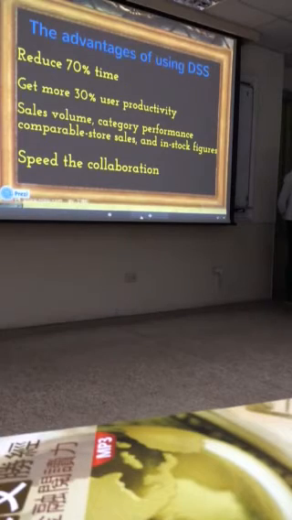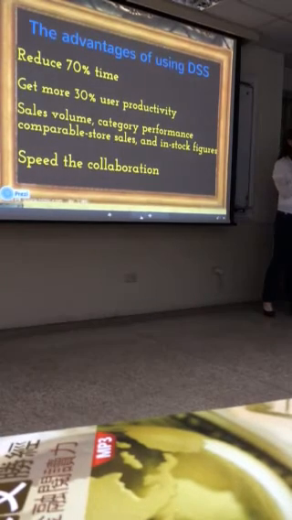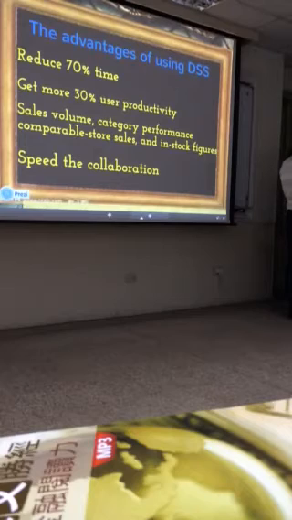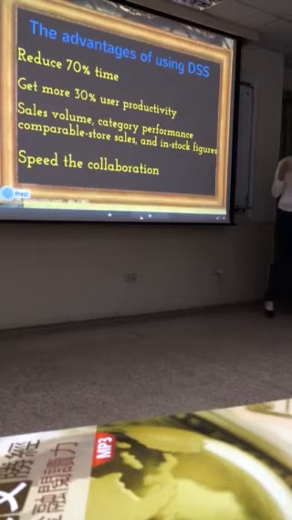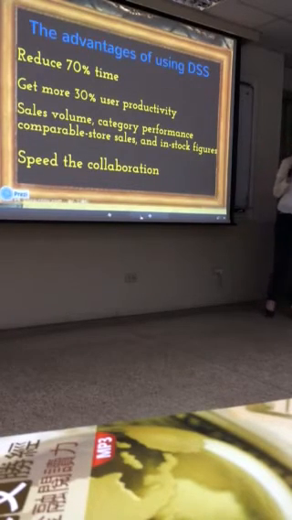For example, if I am a business, then I just have to key in all the data, like sales or my costs in my store, and I can ask the DSS to give me my sales volume, category performance, comparable store sales, and the in-stock figures. So it's very quick.